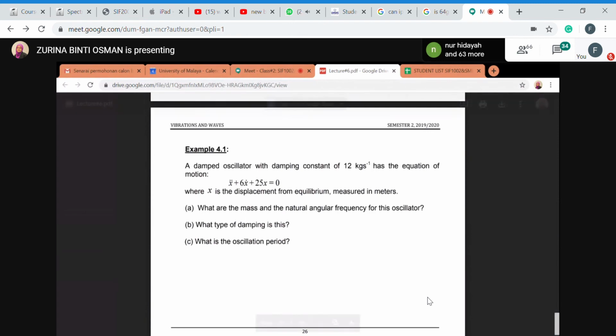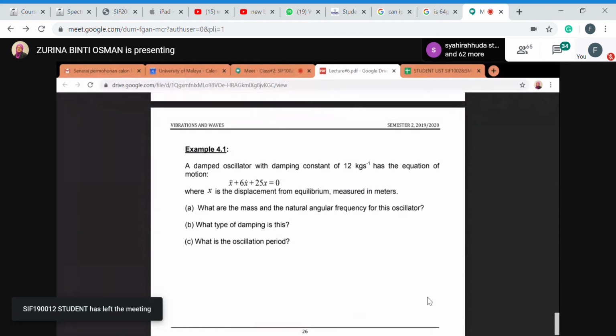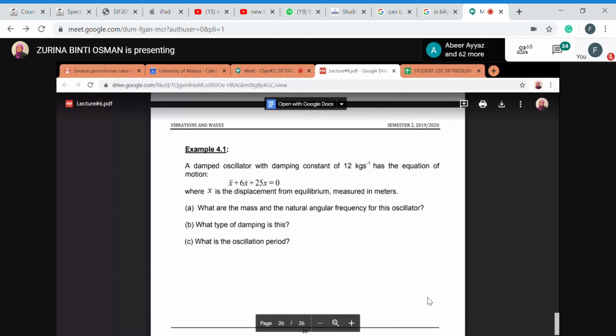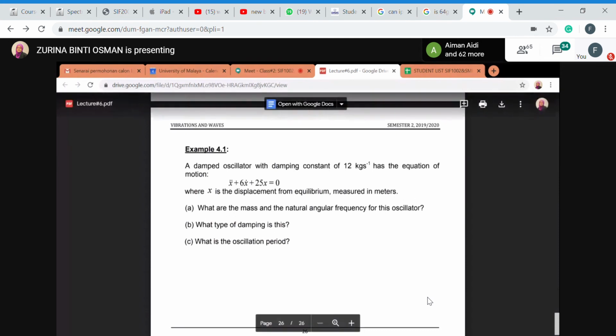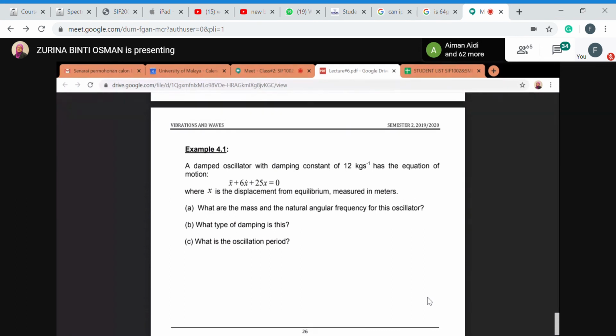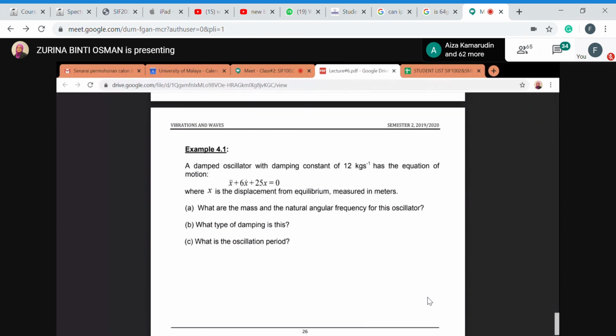A damped oscillator with a damping constant of 12 kilograms per second has the equation of motion x double dot plus 6x dot plus 25x equal to 0, where x is the displacement from equilibrium measured in meters. So the question already told you this is a damped oscillator. The question is, A, what are the mass and the natural angular frequency for this oscillator?